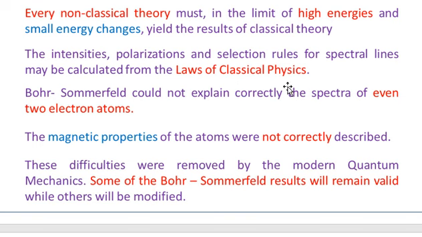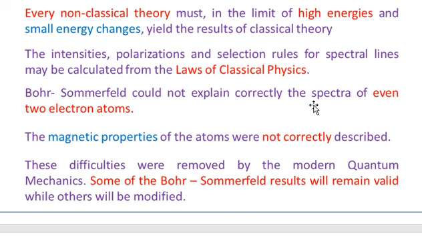And here the laws of classical physics do not mean just the Bohr and Sommerfeld model; there are many other classical laws. Those laws can be used to calculate the intensities, polarizations, and selection rules related to spectral lines.